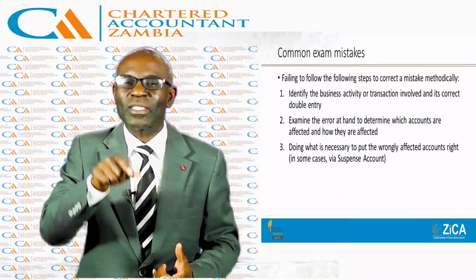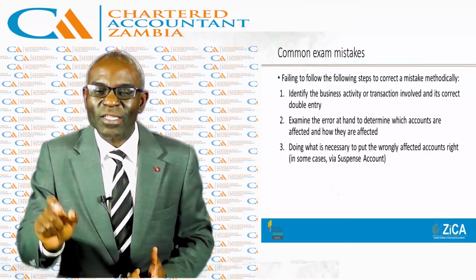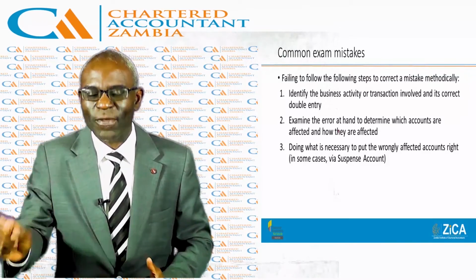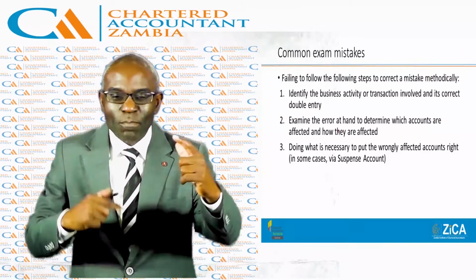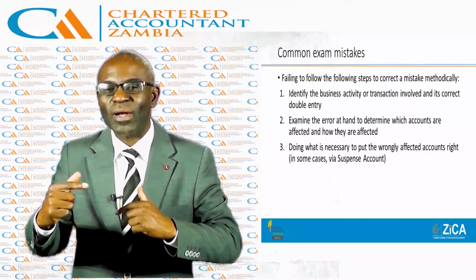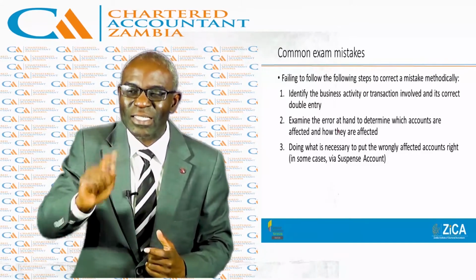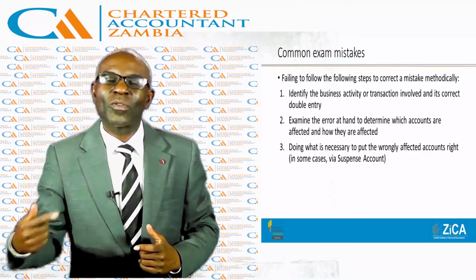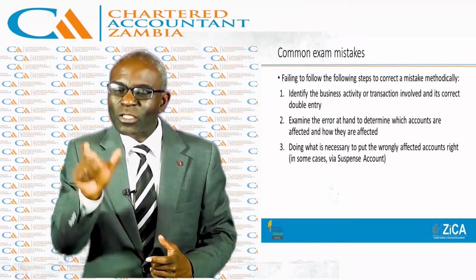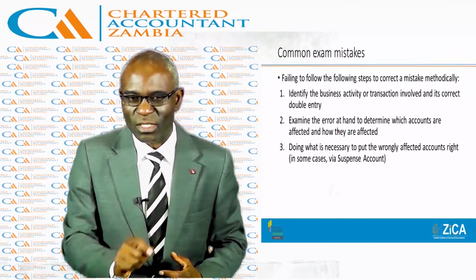You don't correct accounts that have been correctly affected. And that will vary between situation, between error and error. So you must do what is necessary. Is it doubling the amount? Is it writing it on the opposite side? That should be identified on an error-by-error basis.